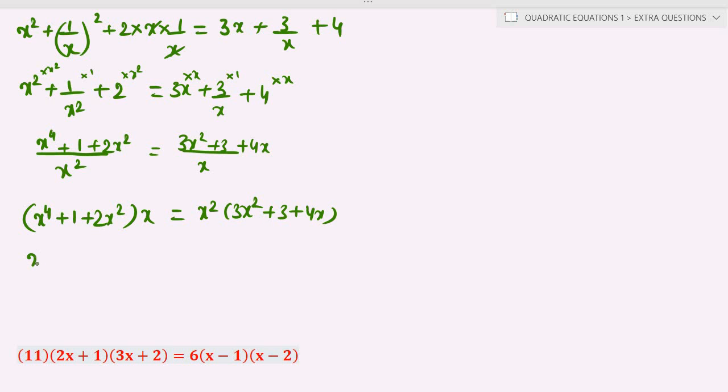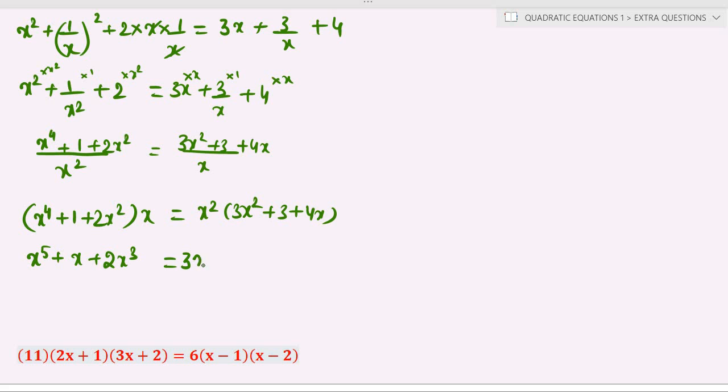You multiply here: x⁵ + x + 2x³ is equal to x² into 3x², that is 3x⁴, plus 3x², and 4x into x² is 4x³.